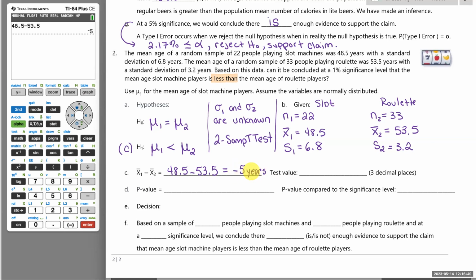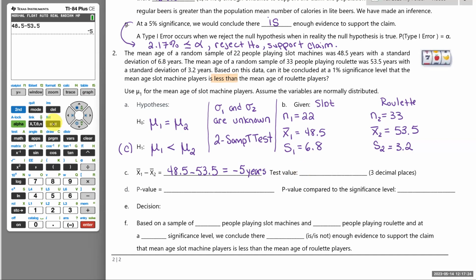So there's a difference here of -5 years. Because my sample mean for slot machine players is smaller than the sample mean for my roulette players, that difference has to be a negative value. So that's the -5. And then we have to decide if that's a big enough negative value to cause us to reject our null. And we figure that out by finding its test value.